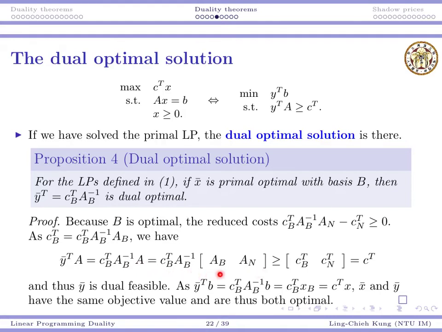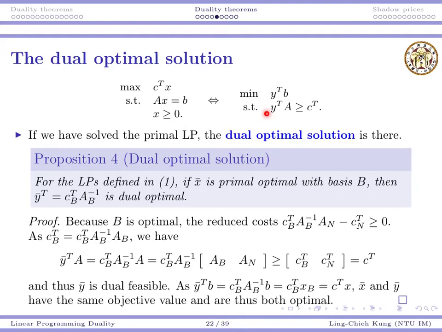The first part, CB transpose AB inverse AB, just gives you CB transpose. The second part, CB transpose AB inverse AN, given that B is optimal, must be greater than or equal to CN transpose. Together they are C transpose. So that means Y bar transpose A is greater than or equal to C transpose. Exactly what we need to show that Y bar is feasible.